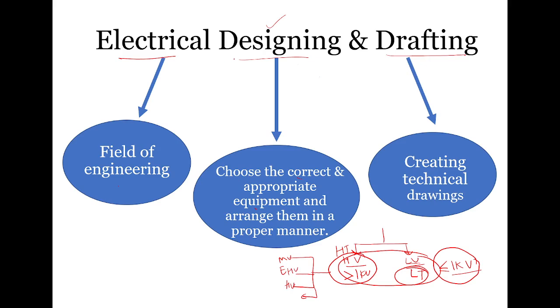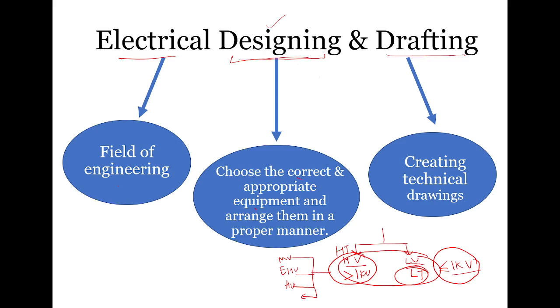Now coming to designing. Designing does not mean creating layouts or drawings. Actually, designing means selecting correct and appropriate equipment for your system, and not only selecting, but after selecting the correct and appropriate size of your equipment, then arranging them in a proper manner.